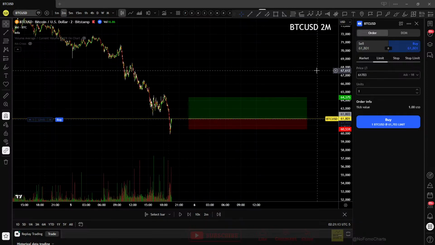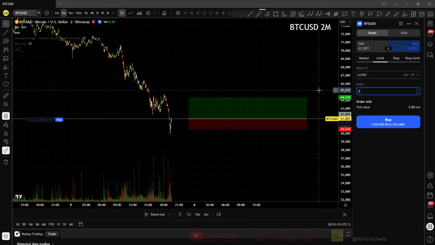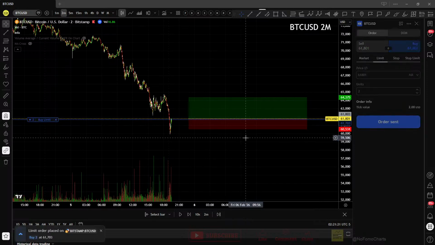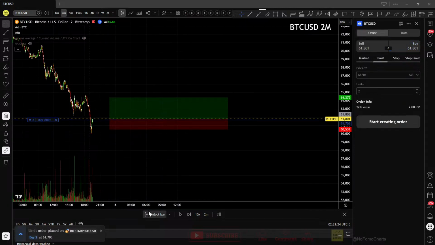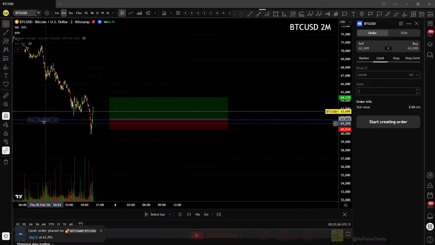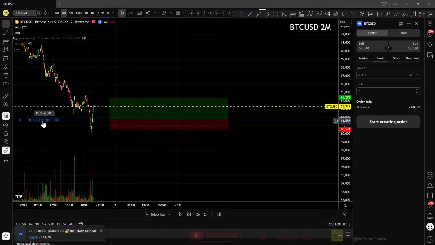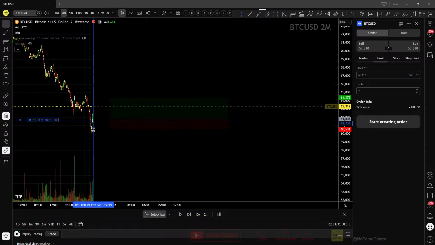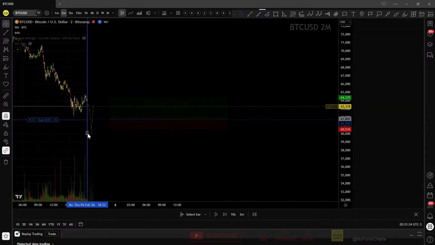So let's pretend we're going to buy 2 Bitcoins. I'm simulating a larger leverage position for retail. Buy. Limit. Did the order go in? No, it did not. I have to rewind a little bit.